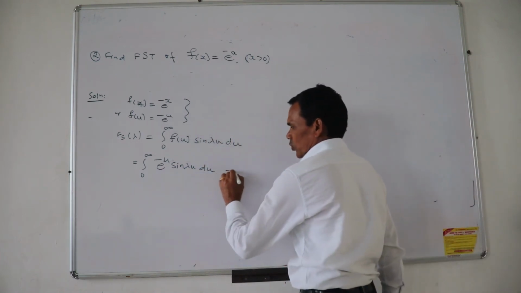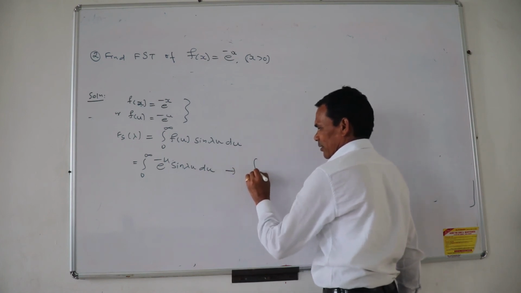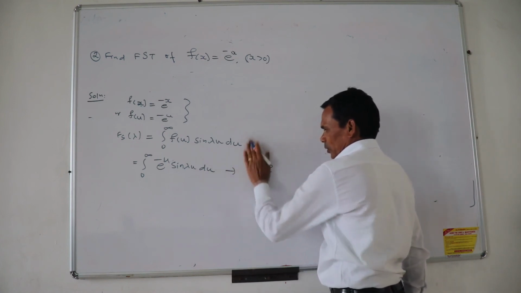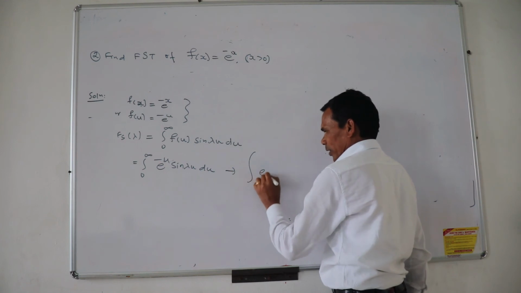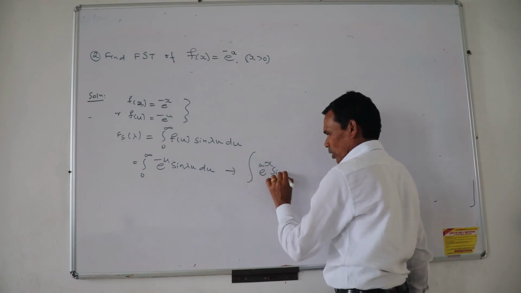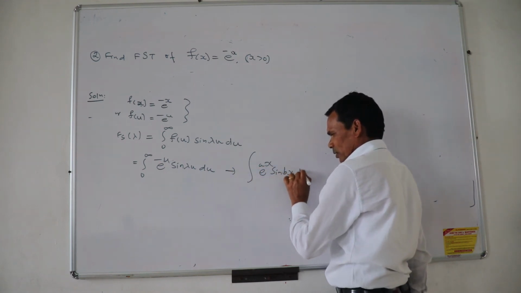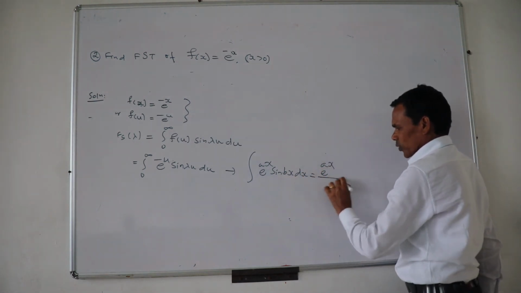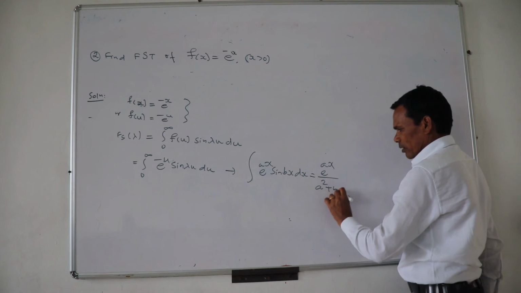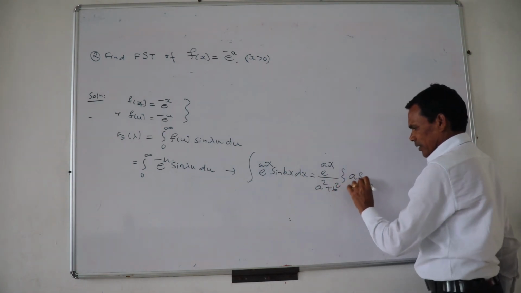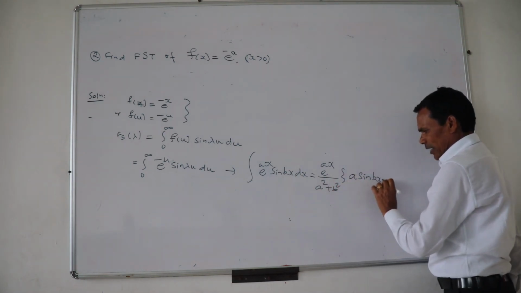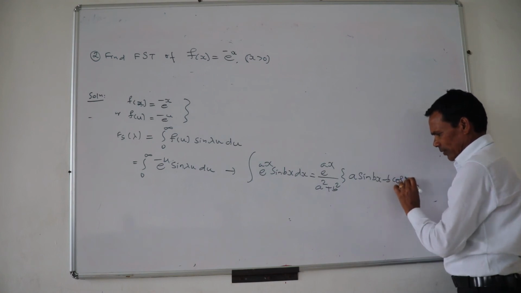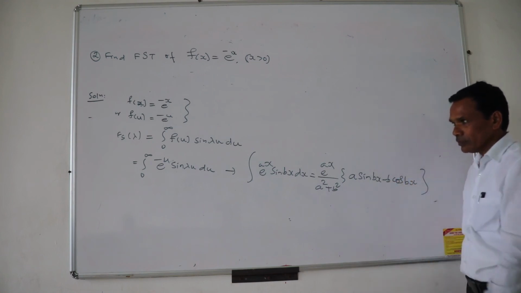Okay, so I integrate this using the formula I mentioned earlier: the integral of e raised to ax sin bx is e raised to ax upon a square plus b square, inside the bracket, a sin bx minus b cos bx. This formula we are using.